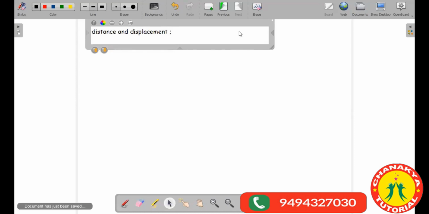How do we define distance? We define distance as the length of path, the actual length of path traveled, is called distance.